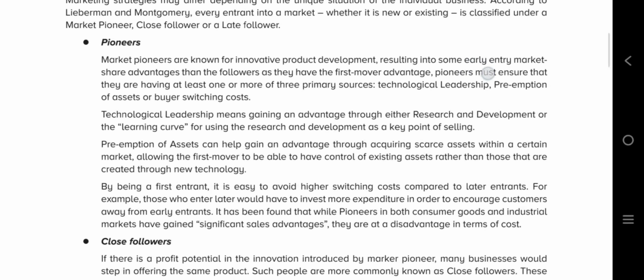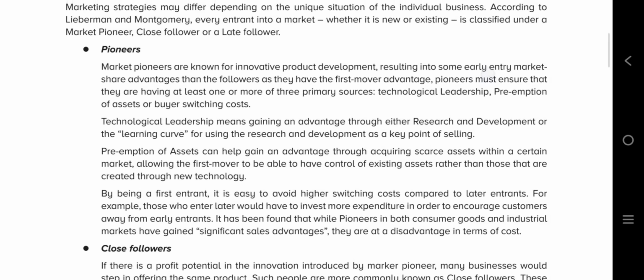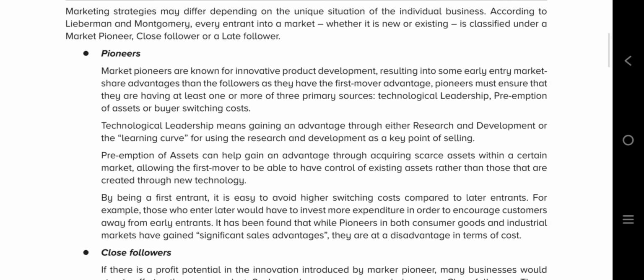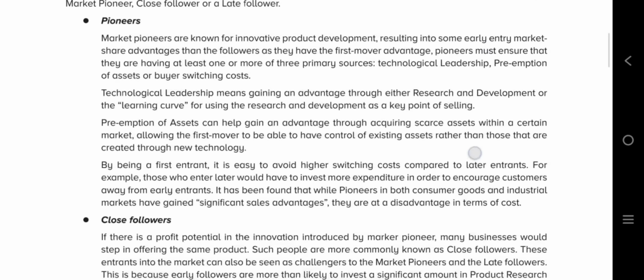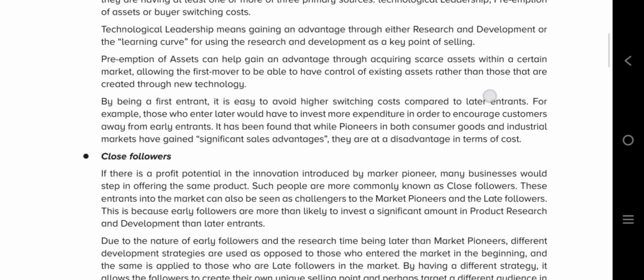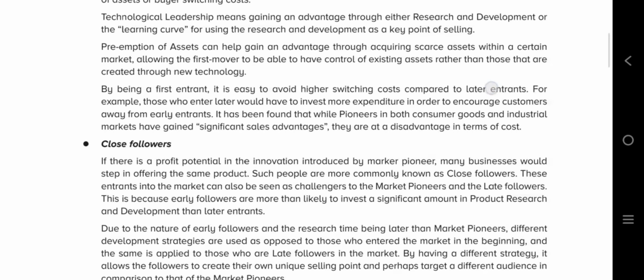Pioneers must ensure that they have at least one or more of three primary sources: technological leadership, preemption of assets, and buyer switching cost. Technological leadership means gaining an advantage through either R&D or the learning curve, that is, repeatedly using something so that efficiency and effectiveness increase.